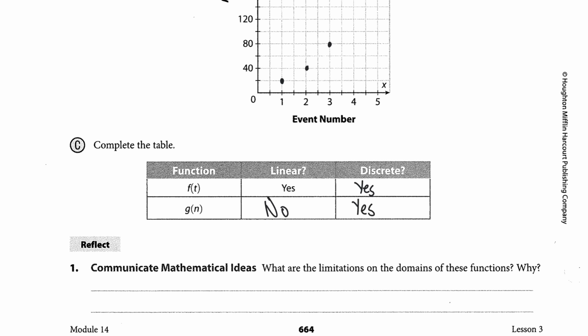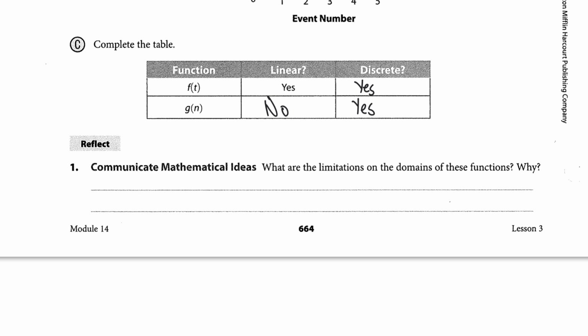What are the limitations on the domain of these functions and why? The domain is only made up of whole numbers. And the reason for that is because you can't buy half of a ticket, or you can't have a fraction of a person.